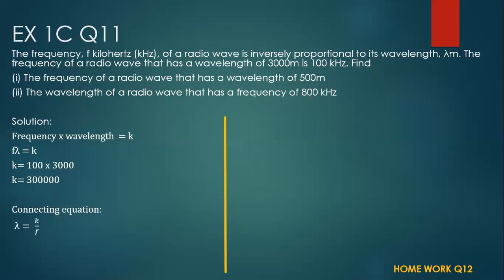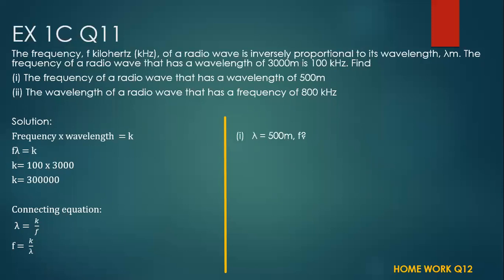So if you have to find wavelength, lambda will be K upon F, where K is 300,000. And if you want to find F, you have to divide K with lambda, that is wavelength, where K is 300,000.